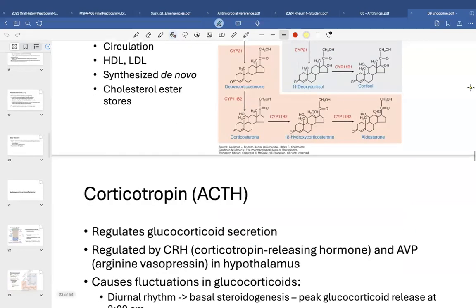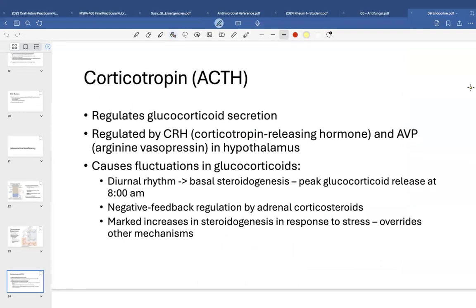So we'll start with the hypothalamus and corticotropin, or ACTH. It regulates glucocorticoid secretion. Glucocorticoids are, again, a class of drugs we really talked about all year.